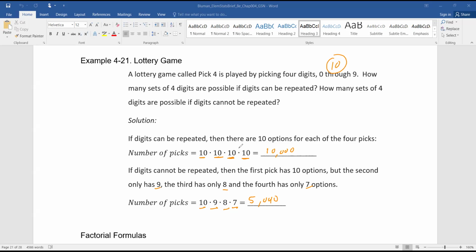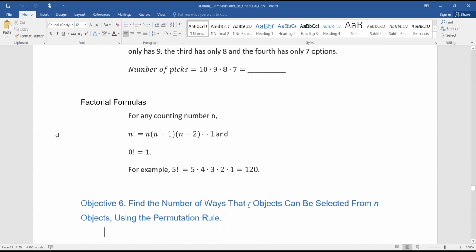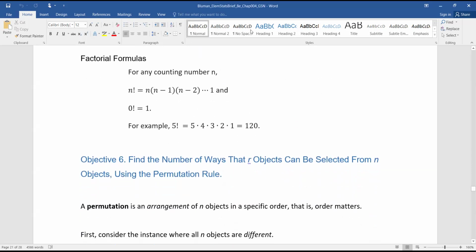All right, so let's talk about factorial formulas. If you've never heard the word factorial, it's a thing with an exclamation point. So for any counting number n, a factorial, that's what this is right here, just means you're going to take this number times the next number, minus 1, minus 1.